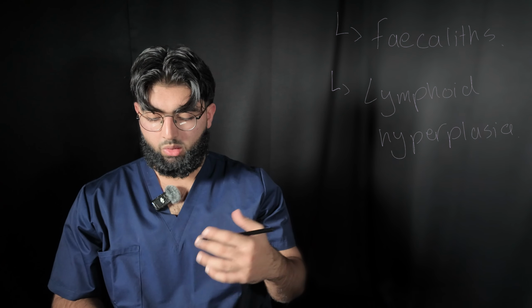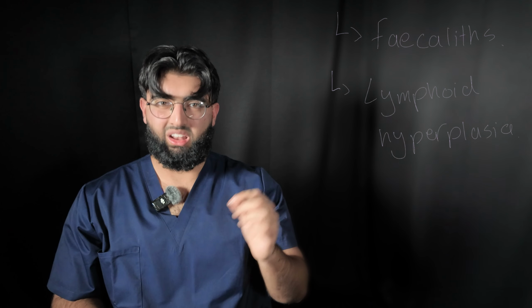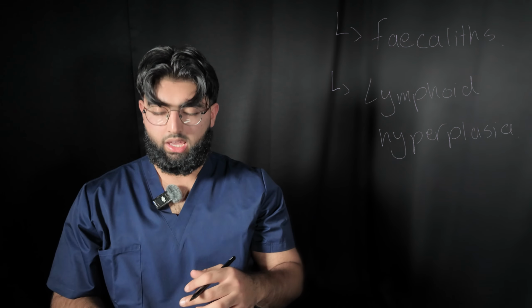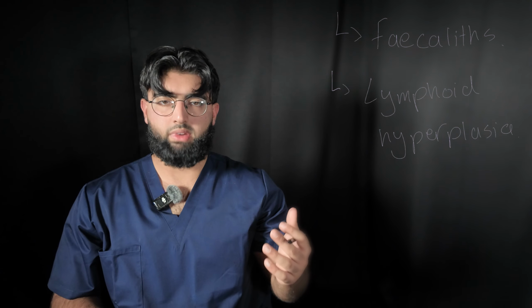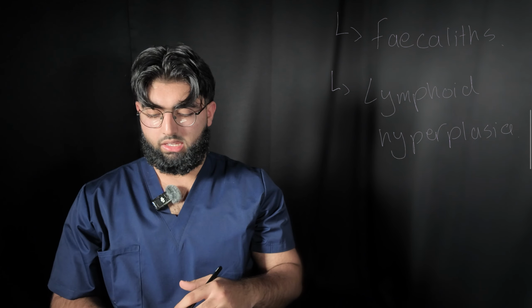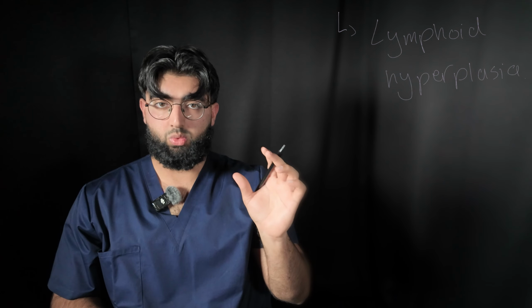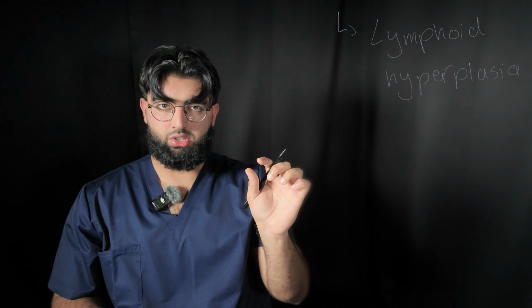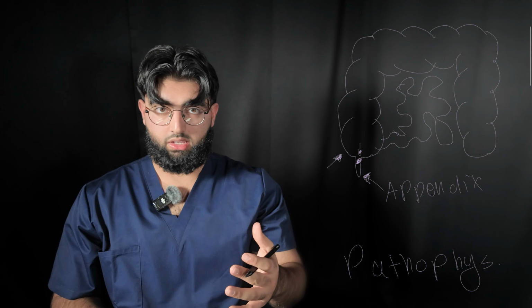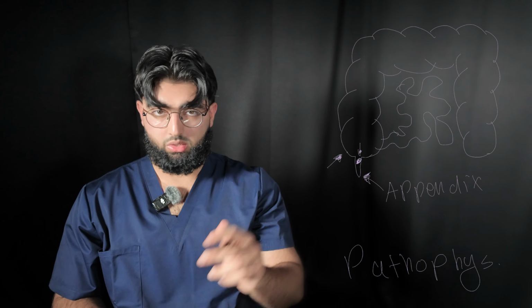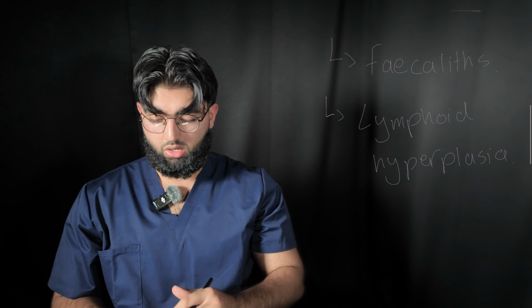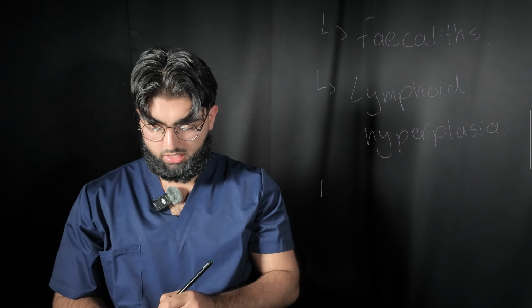Lymphoid follicles are basically just clusters of immune cells, so B cells and T cells, and in response to any sort of infection, so a bacterial or a viral infection, these follicles can actually swell up. And as you can imagine, if they swell up within the appendix itself, then it will also lead to that narrowing and that obstruction of the lumen of the appendix.